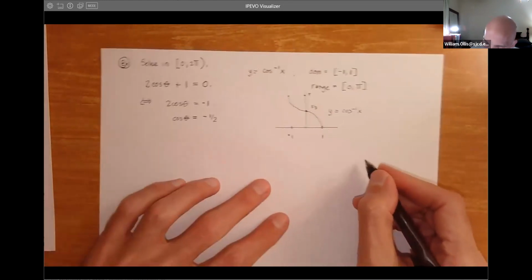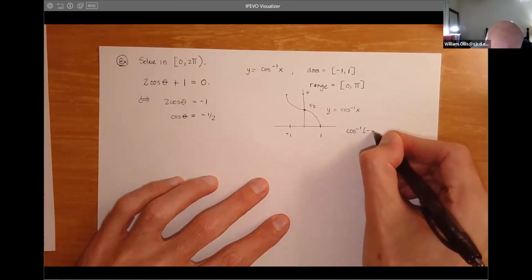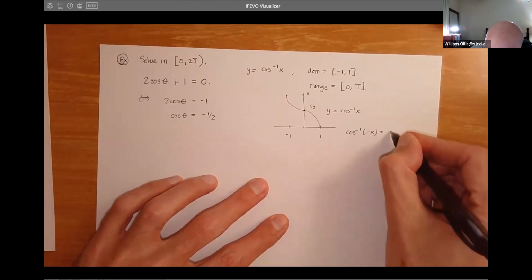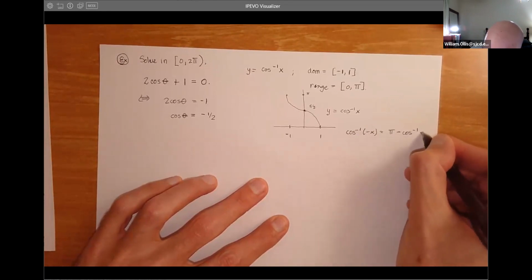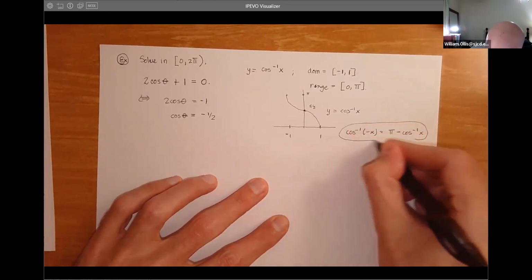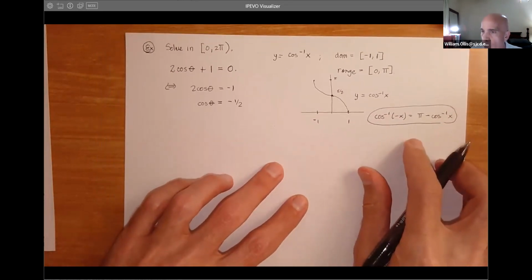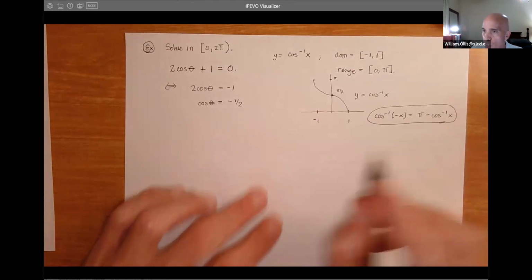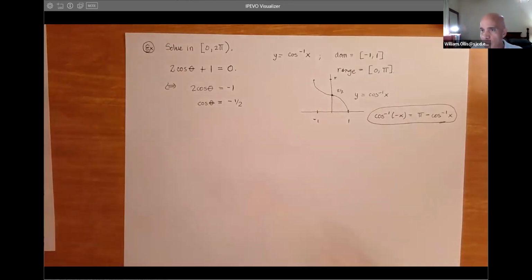Now remember, this isn't an odd function. We have inverse cosine of the additive inverse of x is just pi minus inverse cosine of x. So this is not nice. Most of our inverse trig functions don't have the nice odd characteristic that the inverse tangent and inverse sine have. So sorry about that. It is a bummer.